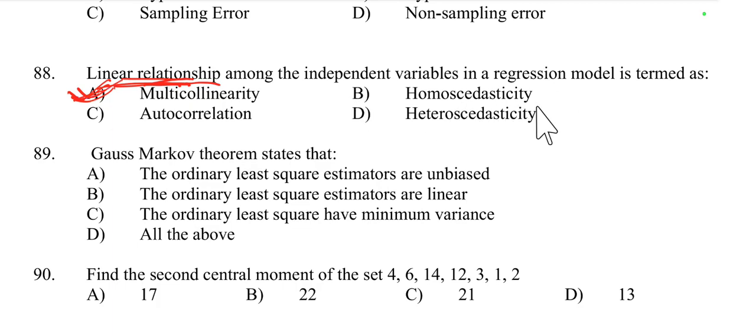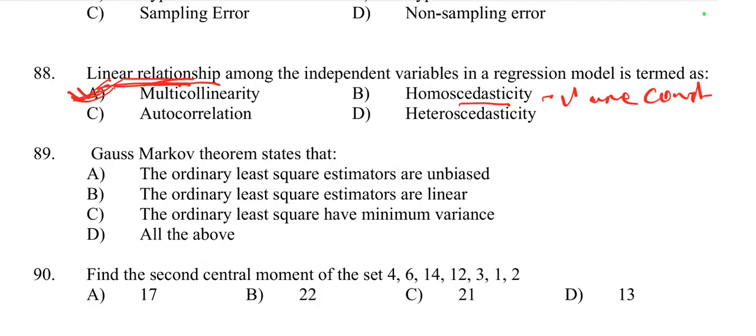Then the second one is homoscedasticity. Homoscedasticity refers to a situation where the variance of the errors or residuals in a regression model is constant at all levels of the independent variables. Autocorrelation occurs when the residuals or errors in a regression model are correlated with each other, particularly across time, as in time series data.